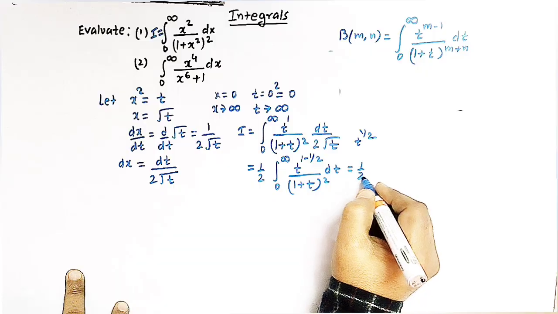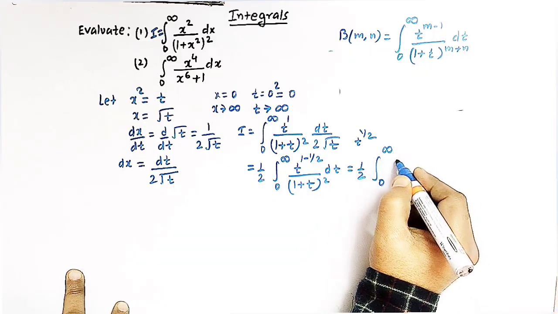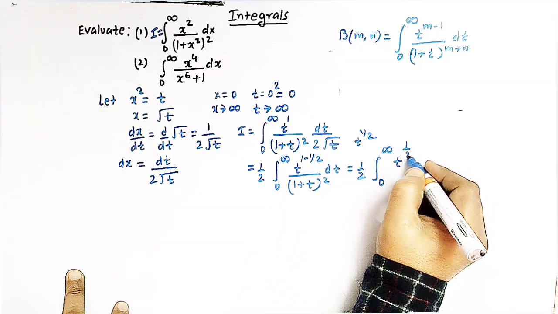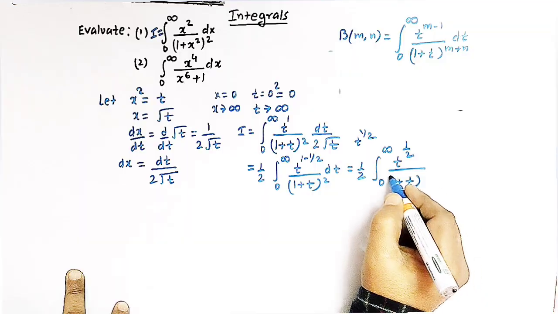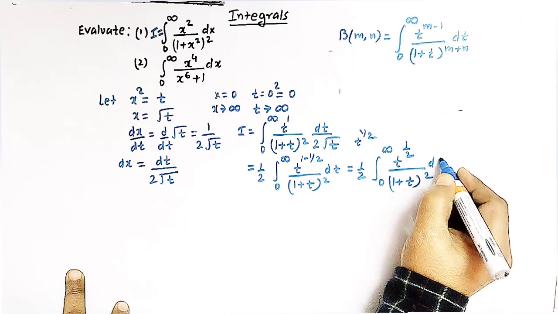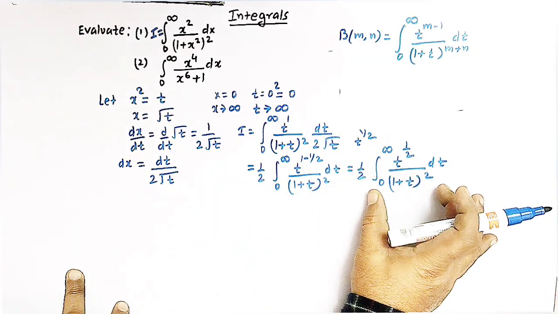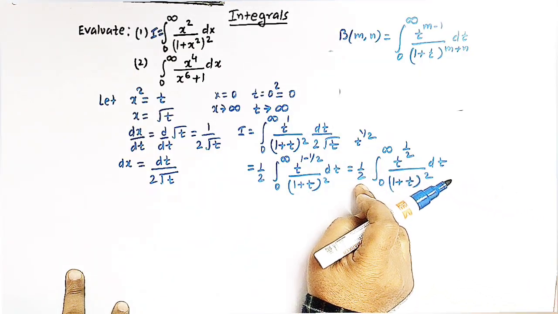So let us write it like this, that is 0 to infinity, and t raised to 1 minus half is half, right? And here we have 1 plus t square, and here we have dt. So now this integral is reduced to this one along with this factor half, right?